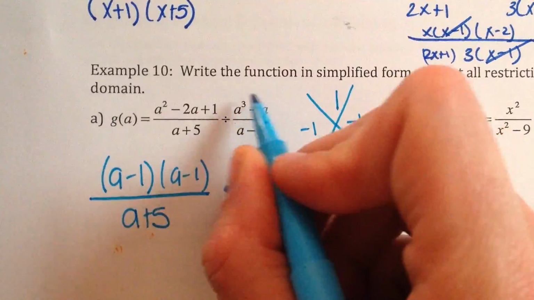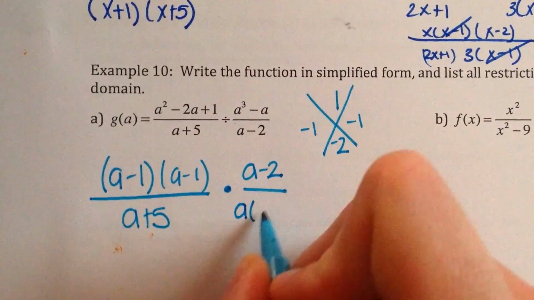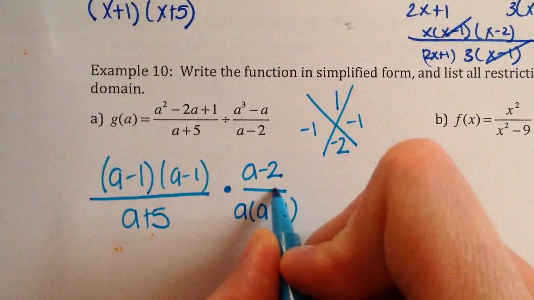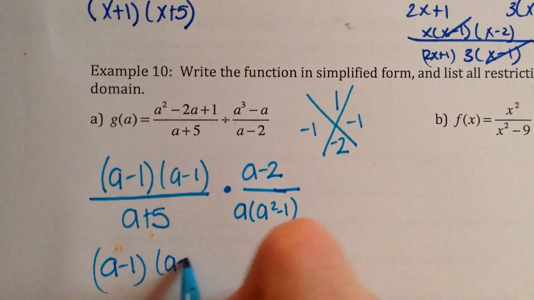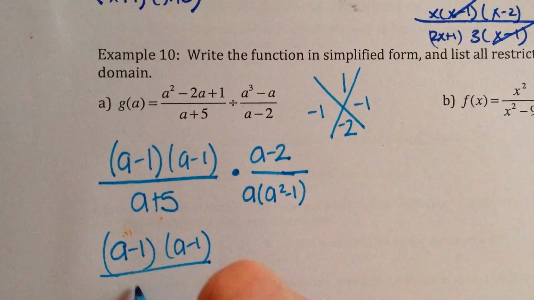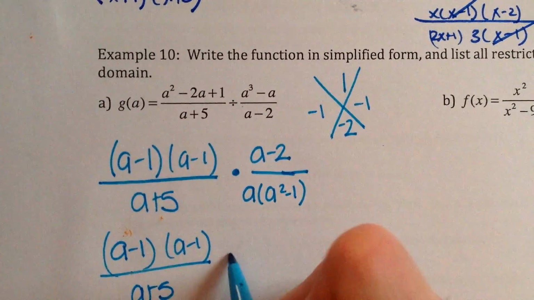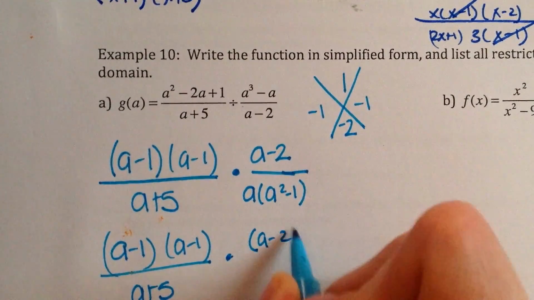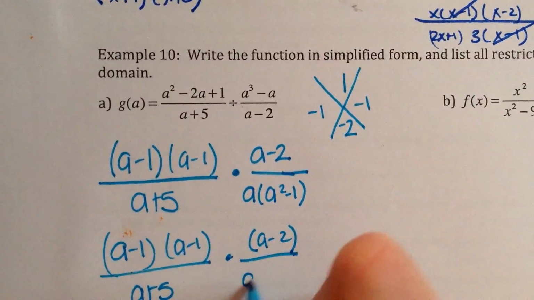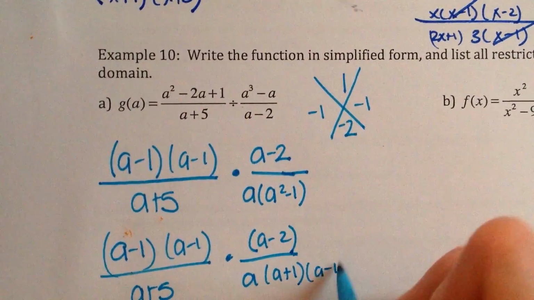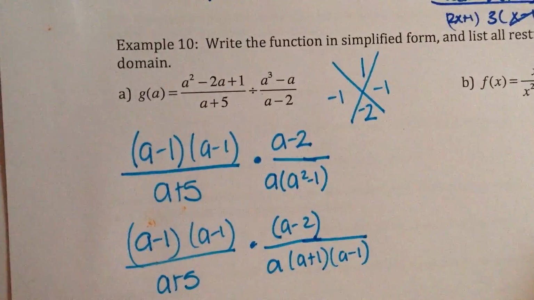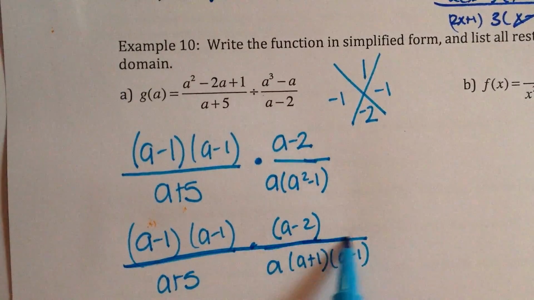In the numerator, I have an a in common, so I factor it out. I'm left with a squared minus 1. So I'm going to have a minus 1 times a minus 1 over a plus 5 times a minus 2 over a, difference of squares, a plus 1, a minus 1. So I'm just going to extend my fraction.